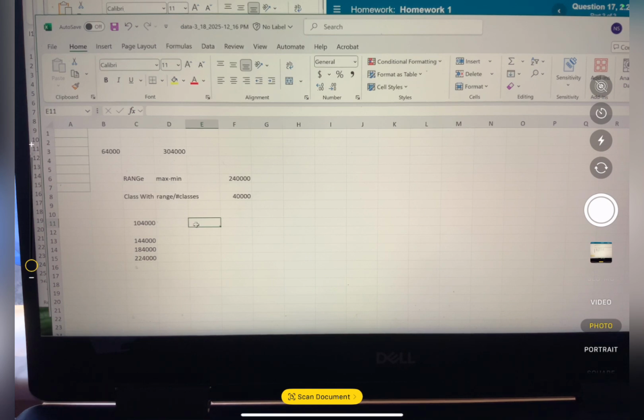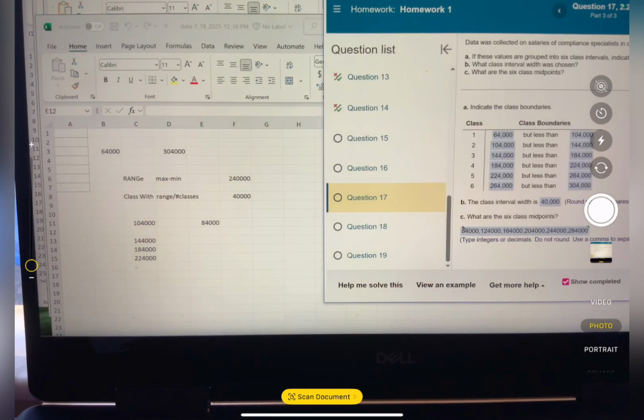Equal sign, parentheses, 64,000 plus 104,000, closing, and dividing by 2. I got 84,000. There we go.